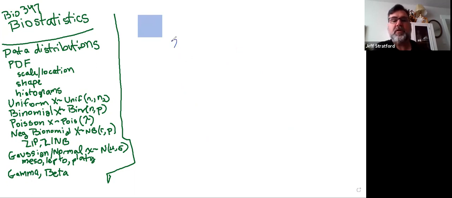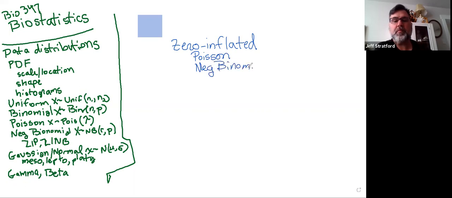Zip stands for, the Z stands for zero inflated. Zero inflated means you have way more zeros than you would expect based on that typical distribution for whatever mean you have. So you can be zero inflated Poisson or negative binomial.